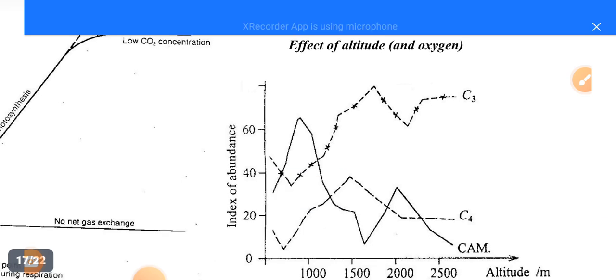Now I want us to look at this graph here. I hope you are seeing it very well. It shows the effect of altitude, in brackets altitude and oxygen. We have altitude down there in meters, and up we have the index of abundance. When we talk about the effect of altitude, these are some of the observations we can see.